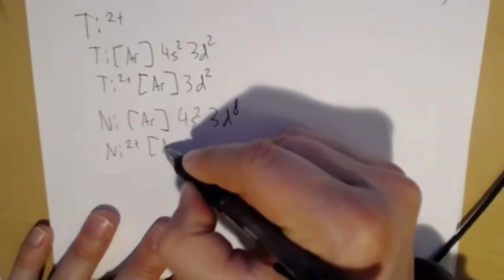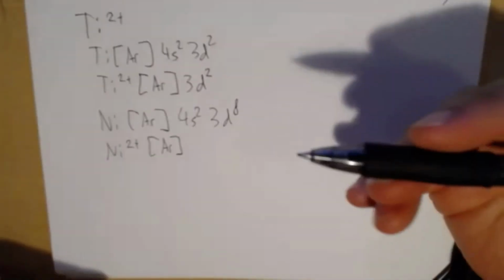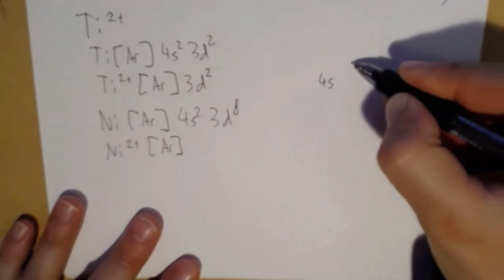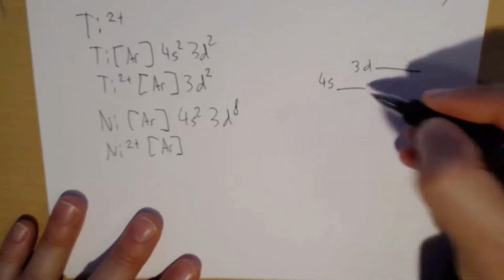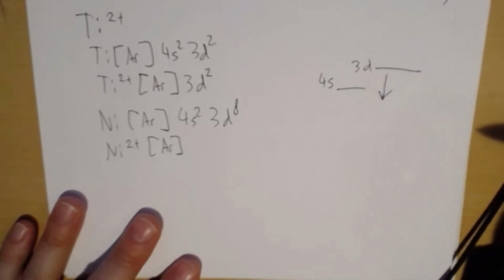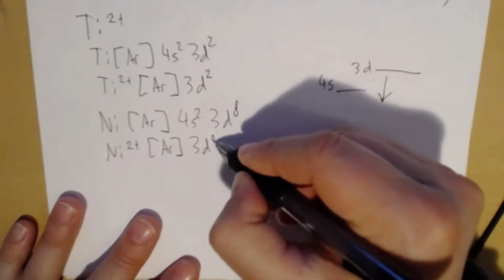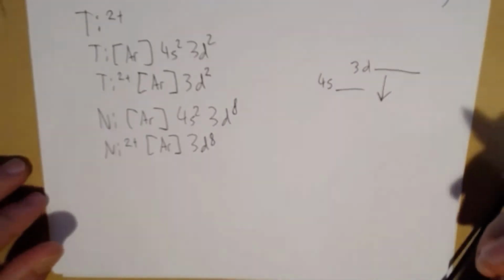Remember that the 4s and the 3d are very close in energy, and as an ion, that D shell drops in energy. So it becomes the place to be, 3d8. They didn't explain that, so I wanted to explain that to you.